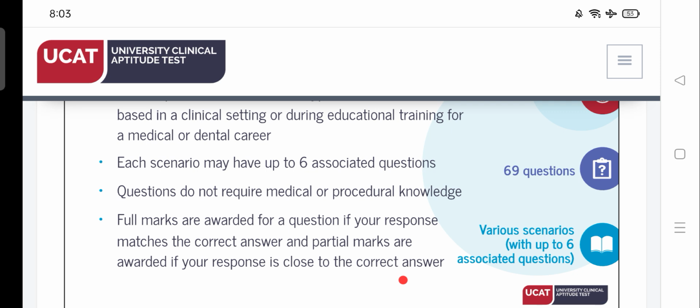So if you choose the correct option, full marks will be awarded to you. But if you choose the close one that could be true, that will be the most related to the correct answer, then half marks, that could be said partial marks, will be awarded to you. So it means no complete deduction of marks.